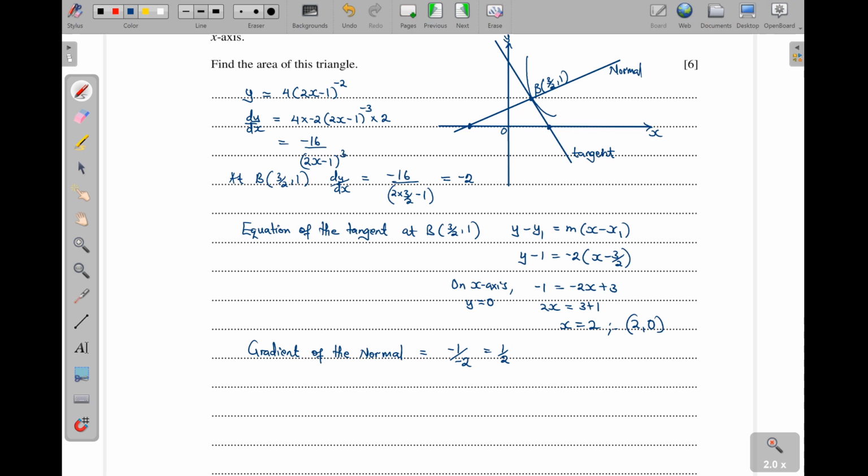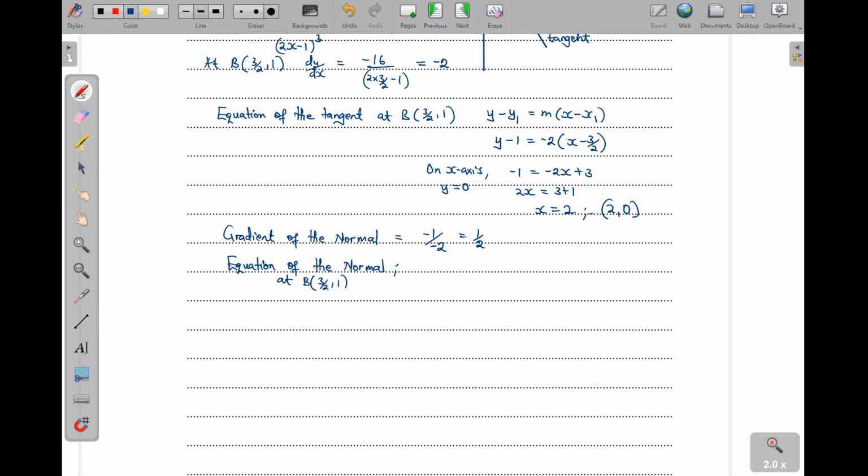Again, now we need to find the equation of the normal. Okay, equation of the normal. We have y minus 1 equal to the gradient of the normal, a half, into x minus 3 over 2. Then we know that on the x-axis, y is equal to what? 0. So here we shall have negative 1, which is equal to a half into x minus 3 over 2, right?